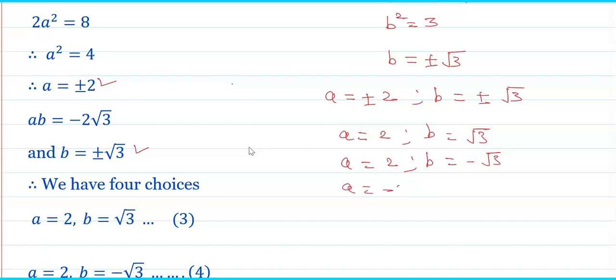Next, a is equal to minus 2, b is equal to root 3, and the last, a is minus 2 and b is also minus root 3. Now, what is given is that ab is equal to minus 2 times root 3. When is this possible? It is possible only when a is equal to 2 and b is equal to minus root 3, and a is equal to minus 2 and b is equal to root 3. In these two cases it is possible.